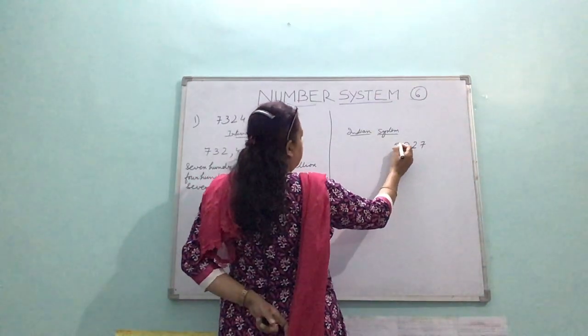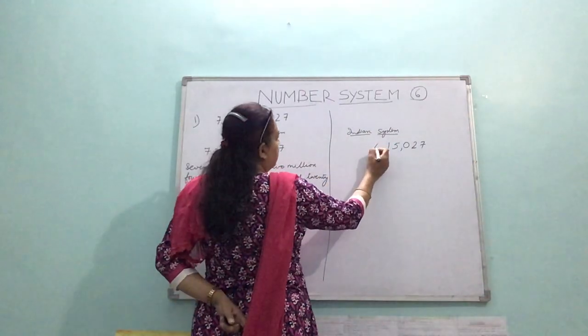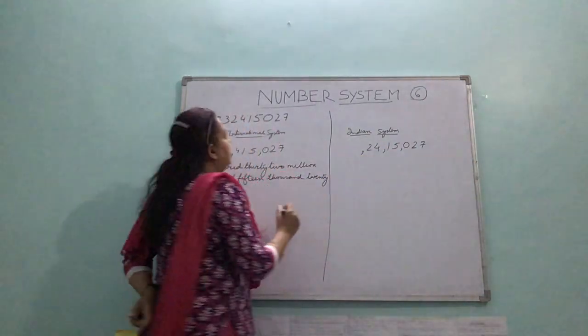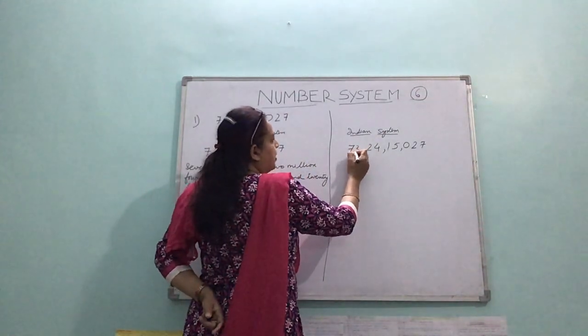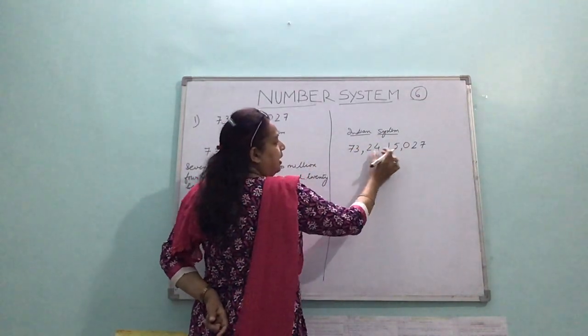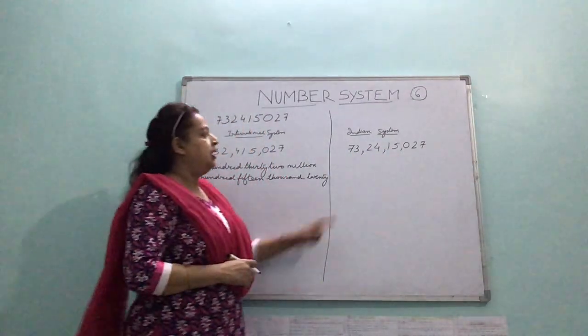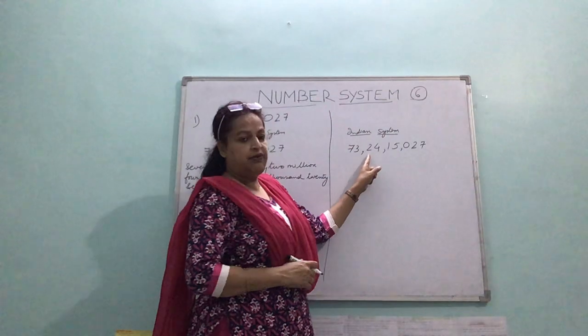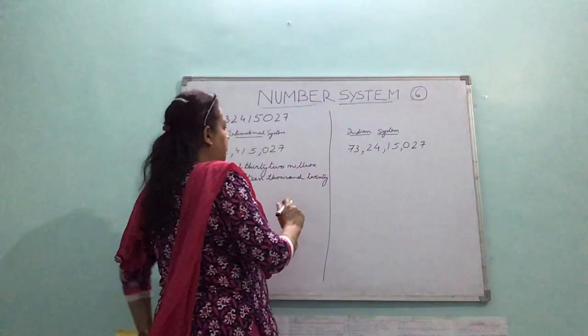Then it is the period of lakh, and then finally the period of crore. So first 3 digits and then each 2 digits are separated by a comma. They form separate periods. This is the period for 1,000, this is the period for lakh, this is the period for crore.